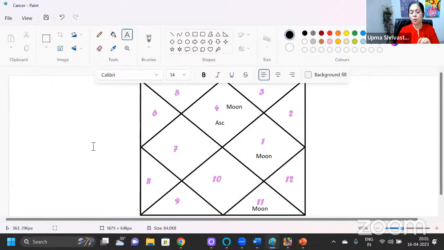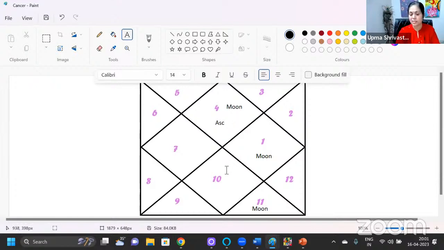Being too emotional, they will not be able to take decisions properly, and whenever the full moon or new moon comes, this person will not be able to understand how to handle the emotions, because at that time the moon is prominent. Here the moon has become prominent, as it is the lord of the ascendant sign and of the moon sign.